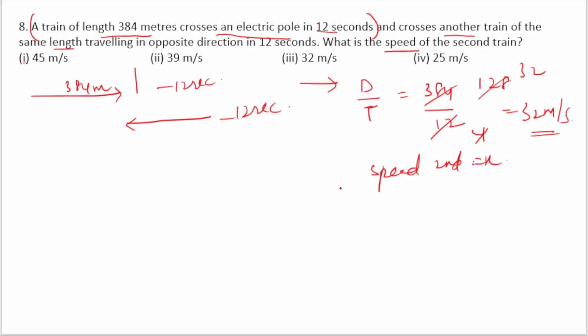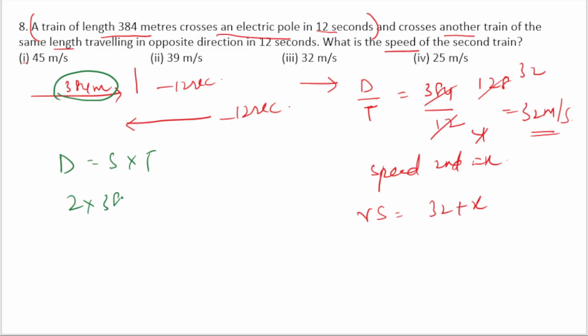If both the trains are traveling in opposite directions, relative speed will be the sum of both the speeds. It is 32 plus x. And here distance is equal to speed into time. What is the distance? What is the total length of both the trains? It is 384 plus 384.